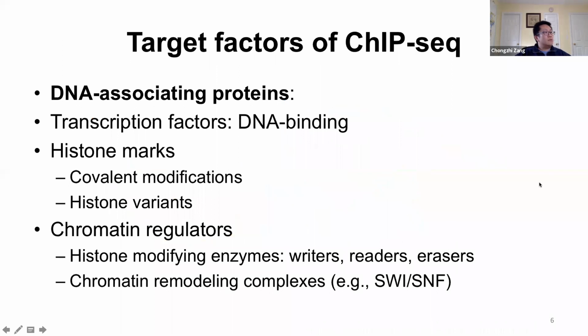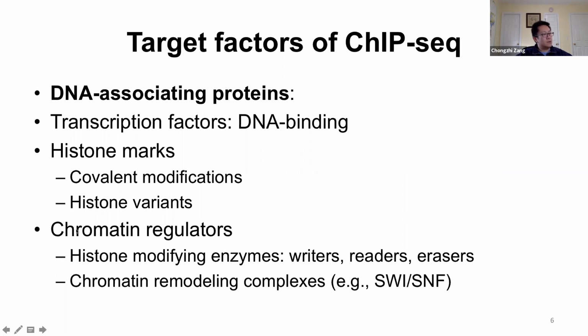The target factors that ChIP-seq experiments can focus on have to be DNA-associating proteins. That includes transcription factors, which can directly interact or bind to DNA, and histone marks, which include covalent modifications of histones and also histone variants.